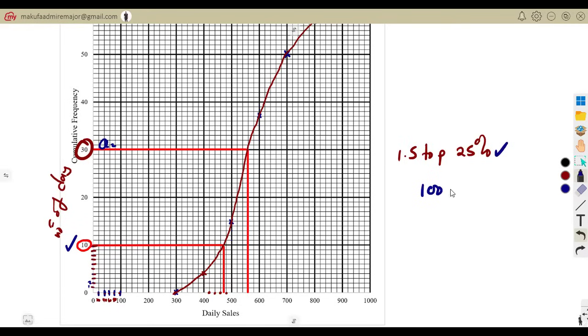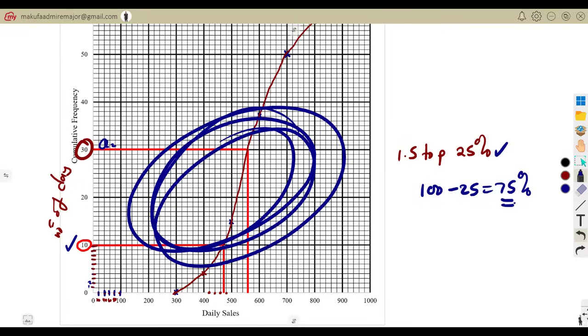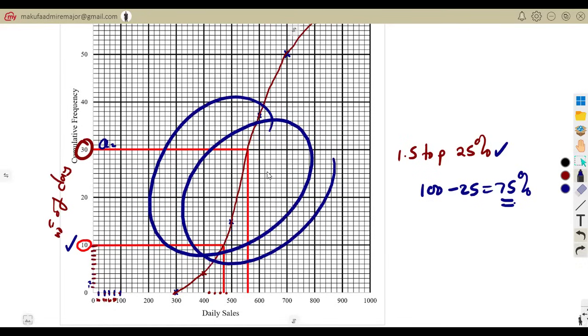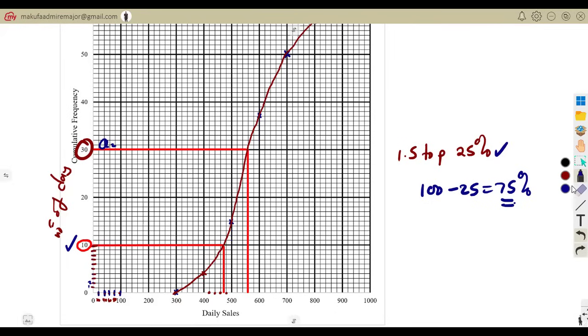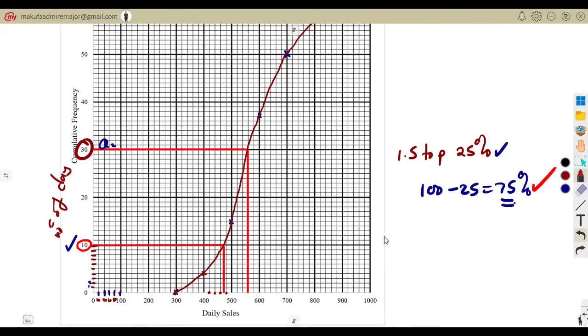So we just have to do 100 minus 25, which is what? 75%. So we're talking of 75% of the distribution of these 2 months, the previous 2 months, as there is another month that is following. So from the previous months, the top 25% means 75% of the distribution.